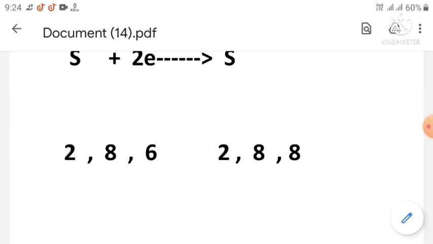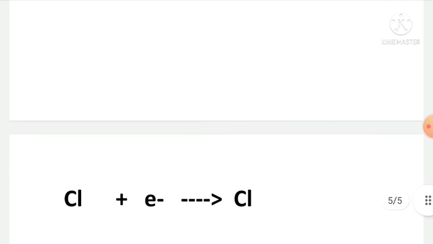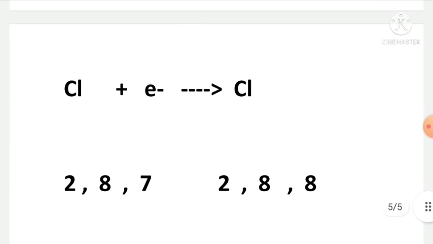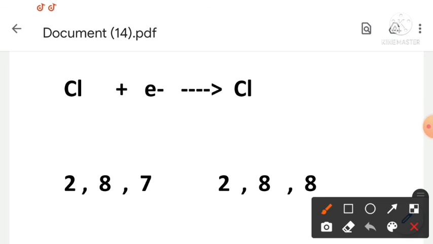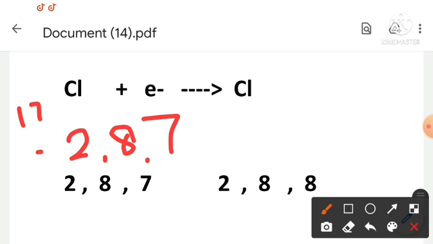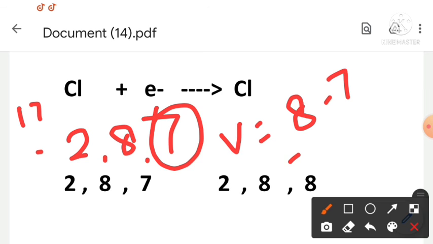Now we see the next example. In chlorine we know that Z of chlorine is 17, so we write the electronic configuration 2 8 7. So we know that the number of valence electrons in chlorine is 7, so by using the octet rule we derive valency, 8 minus 7 is equal to 1.